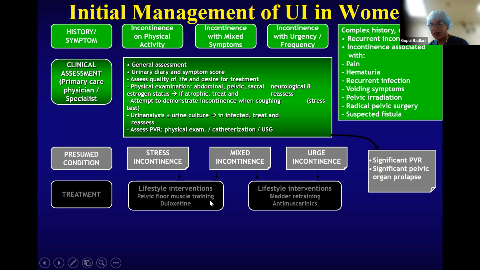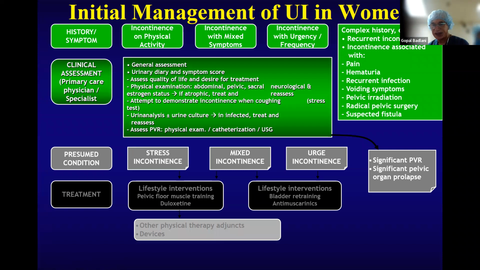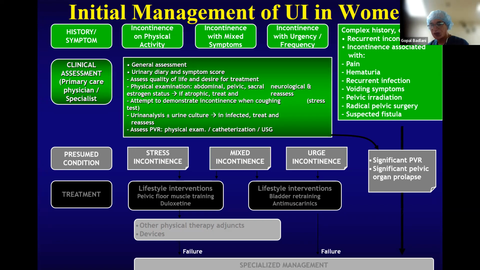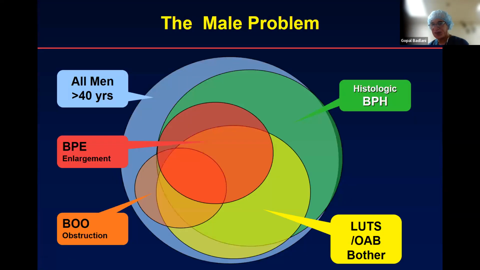Then pelvic floor muscle training, and the first drug in urge incontinence or mixed incontinence is an antimuscarinic or beta agonist. And on this side, the only approved drug outside the US is duloxetine. Not sure whether it's available in Haiti, but otherwise you need physical therapy and/or devices, after which it becomes a specialized management, a person who treats them with more involved treatment.